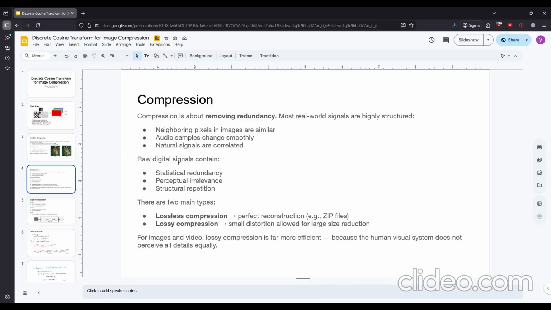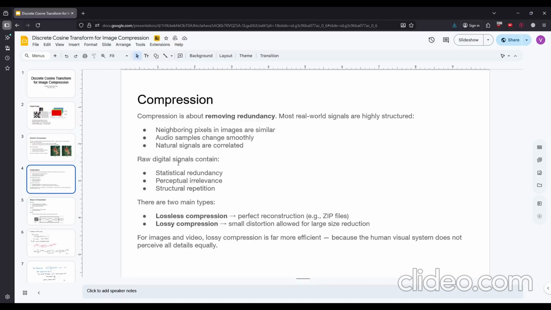Lossy compression, on the other hand, allows some loss of information in order to achieve much higher compression ratios. The key idea behind lossy compression is that the human visual system is not equally sensitive to all image details. In particular, humans are less sensitive to high frequency components, such as rapid changes in brightness or fine textures.